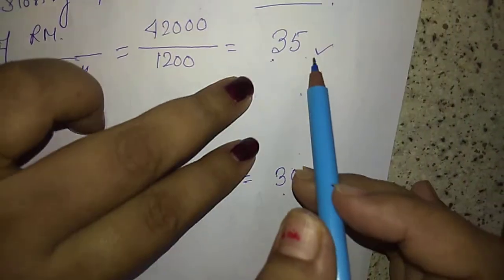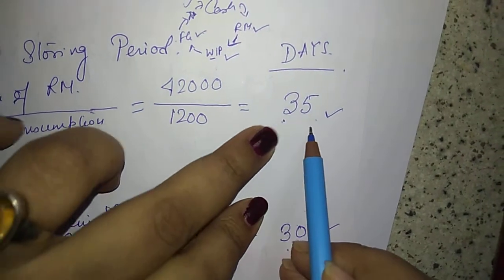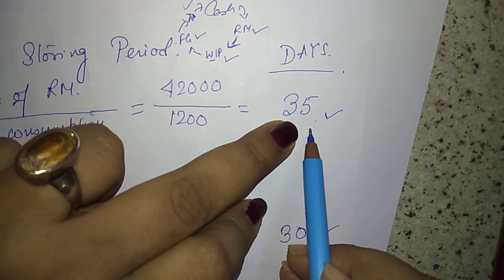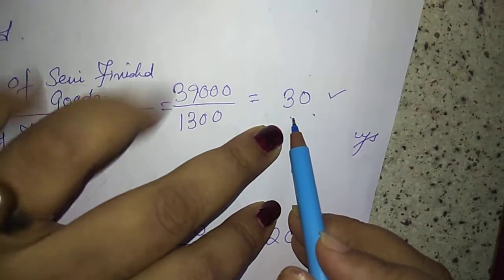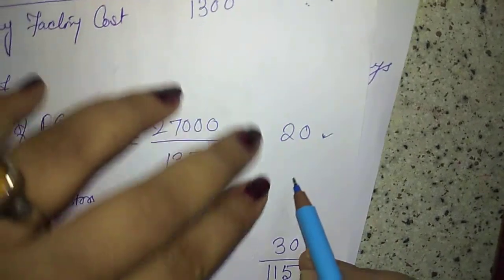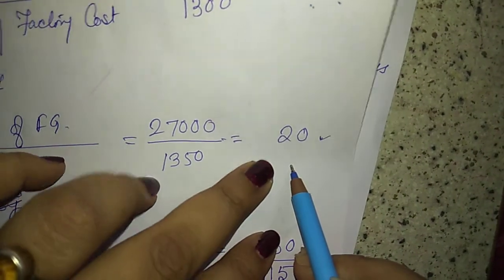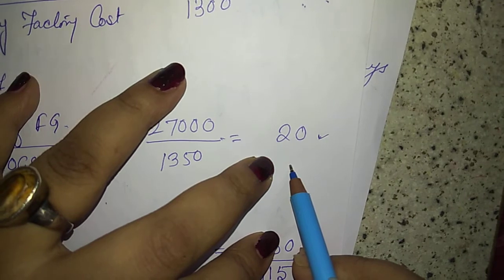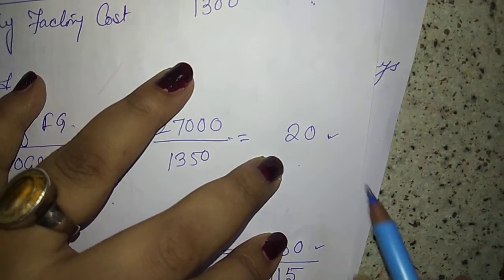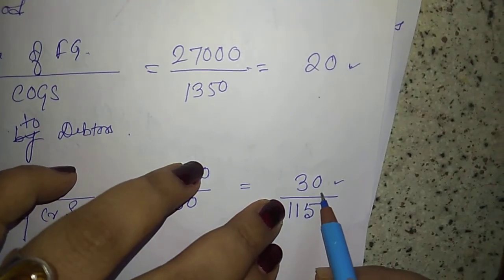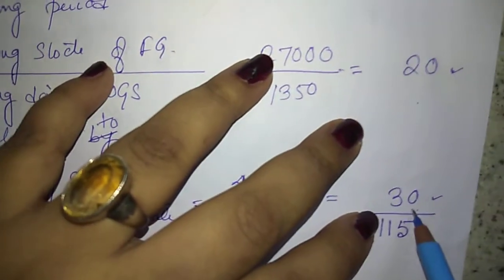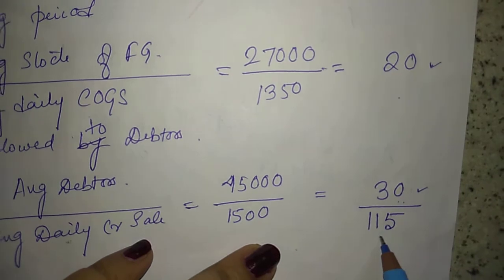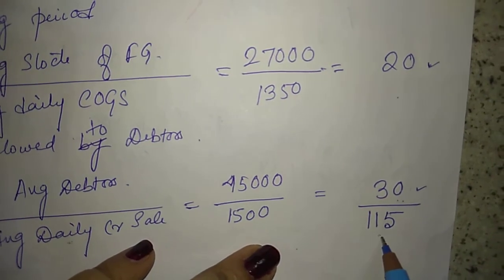That means, what does it mean? You are holding raw material in your hand for 35 days, that means your money is stuck for 35 days. You are holding WIP in stock for 30 days, that means your money is stuck for 30 days. You are holding finished goods for 20 days, that means your money is stuck in finished goods for 20 days. You are allowing credit to debtors for 30 days, that means your money is again stuck for another 30 days. So your money is stuck for the entire period of 115 days.